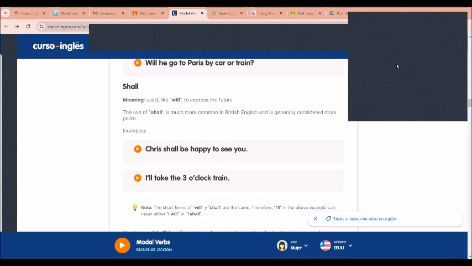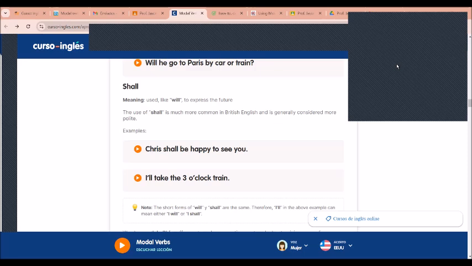Now, of course, there is an opinion that British English is more pure and American English is more flexible. There are lots of different words in American English or expressions, but both of them are useful.